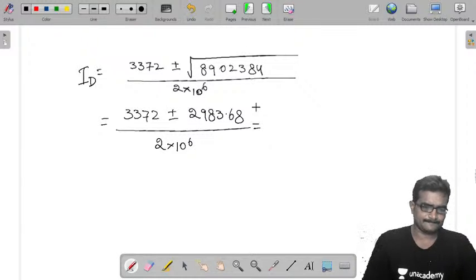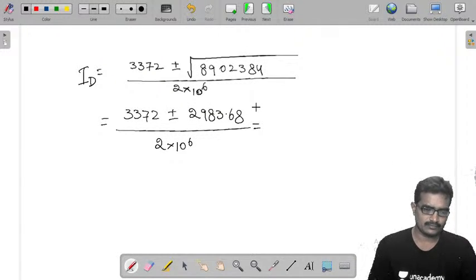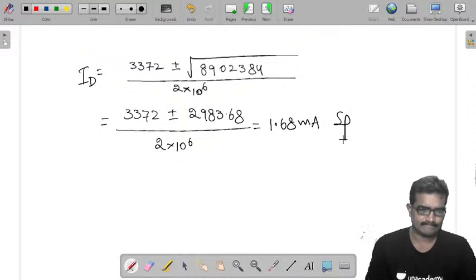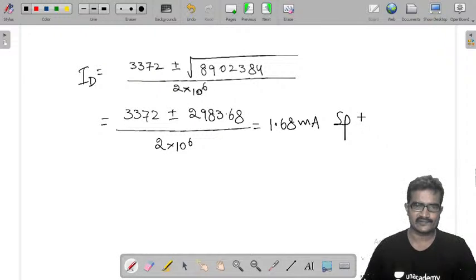So now 3372 minus 2983.68, divided by 2, it is 1.94 milliamperes.